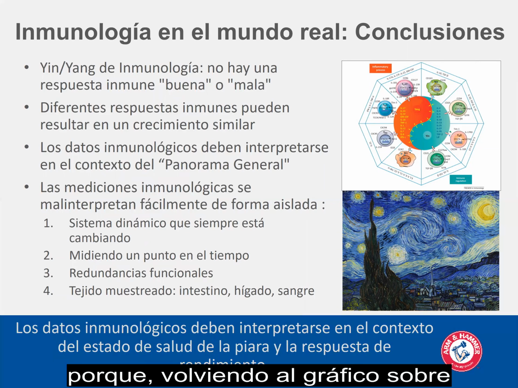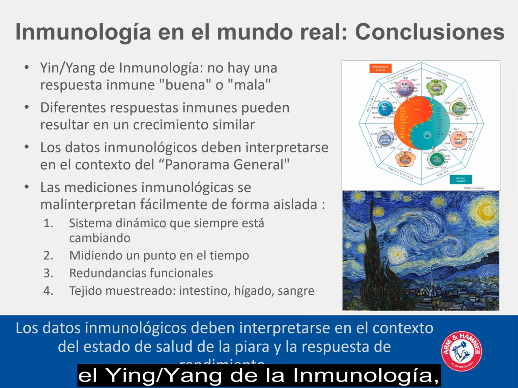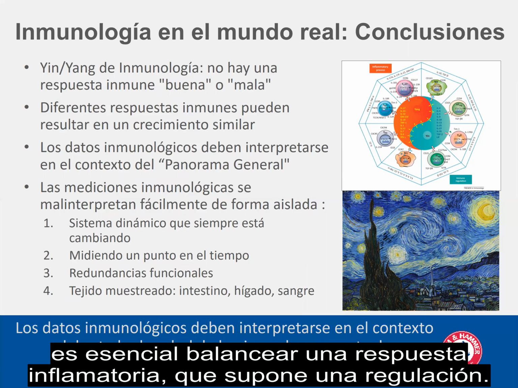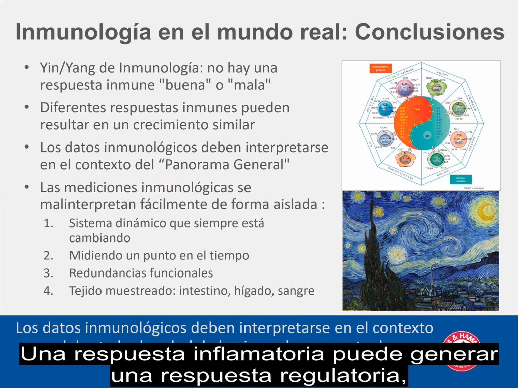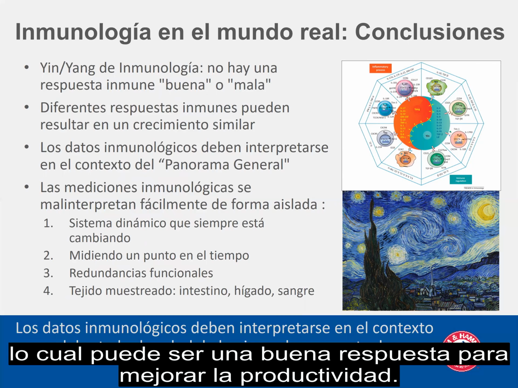Because we have to remember, again, going back to that schematic of yin and yang of immunology, the yin and yang of inflammation is really key to balance the inflammatory response. You also need regulation. And an inflammatory response can bring about a regulatory response that actually can be a very good response for improving productivity.